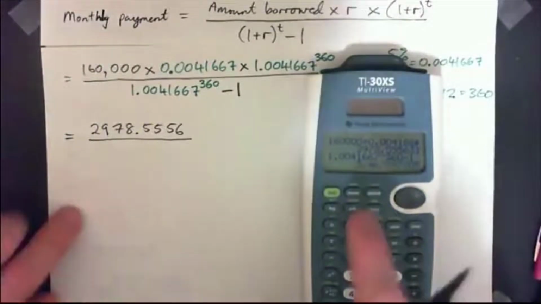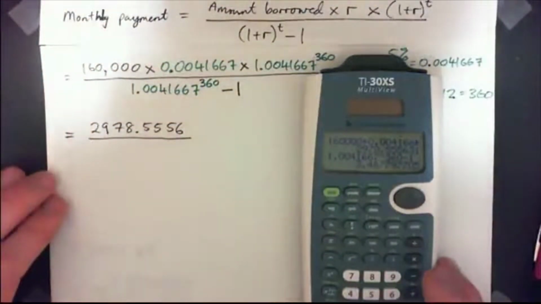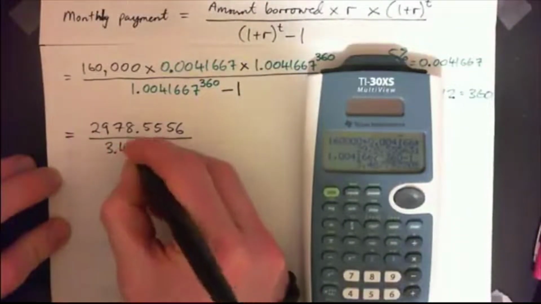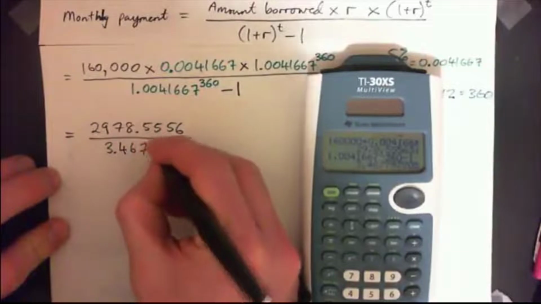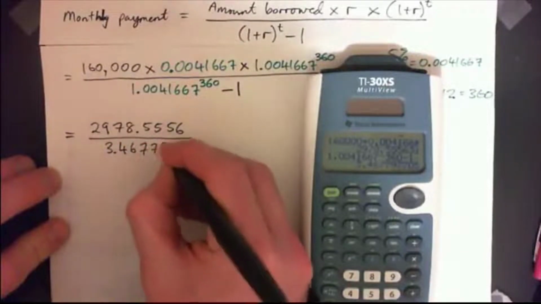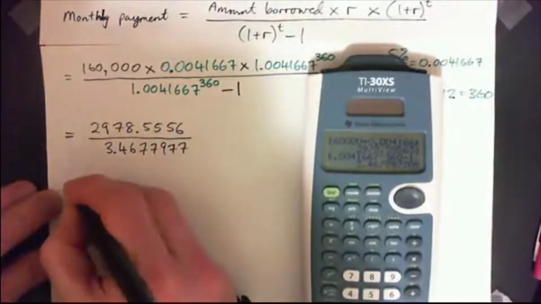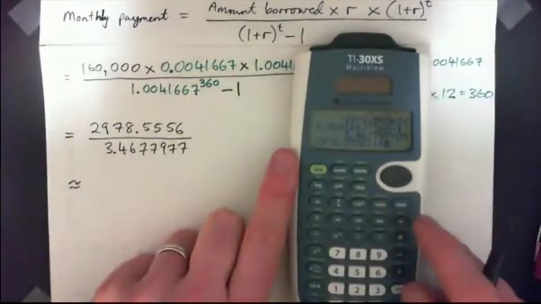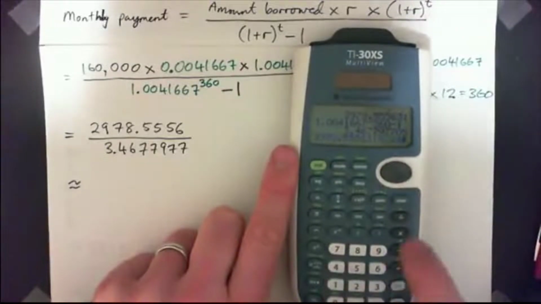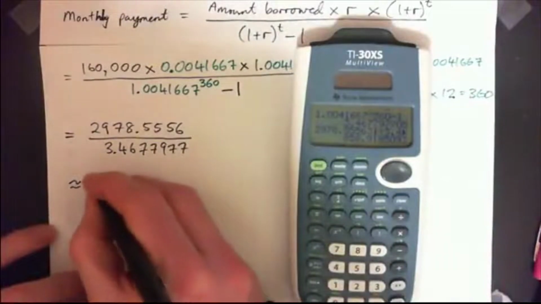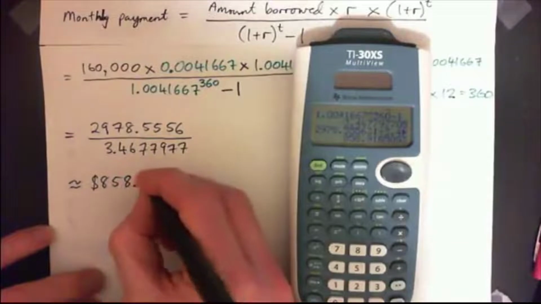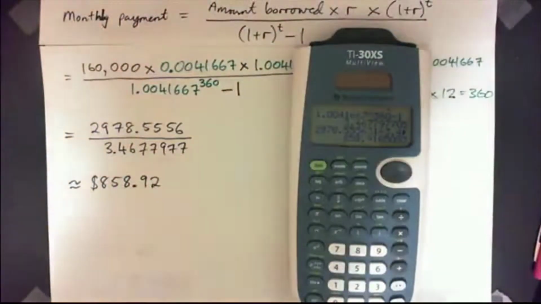Your bottom number should be 3.4677977. So I'll take that top number and divide by the bottom, 3.4677977, and that gives approximately 858.92. So that's approximately what your monthly payment should be.